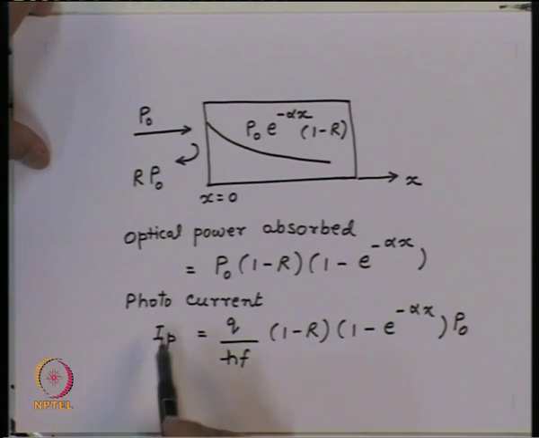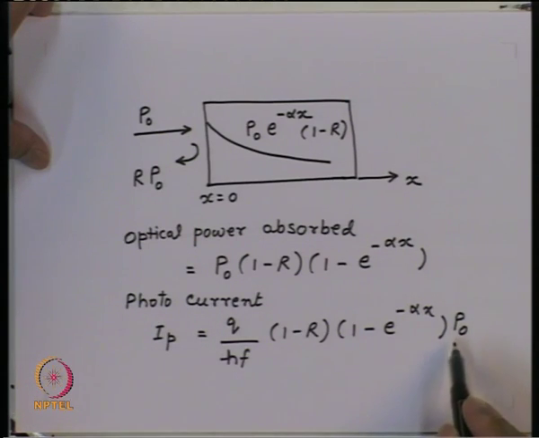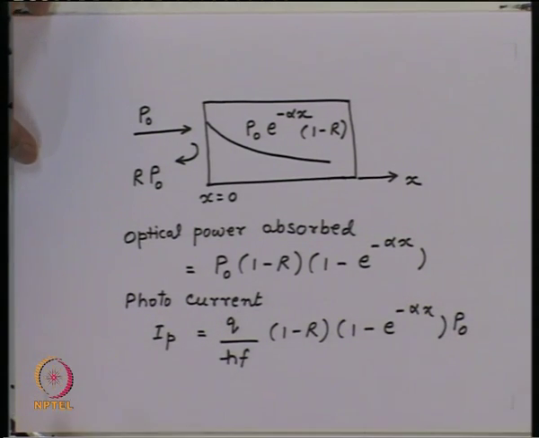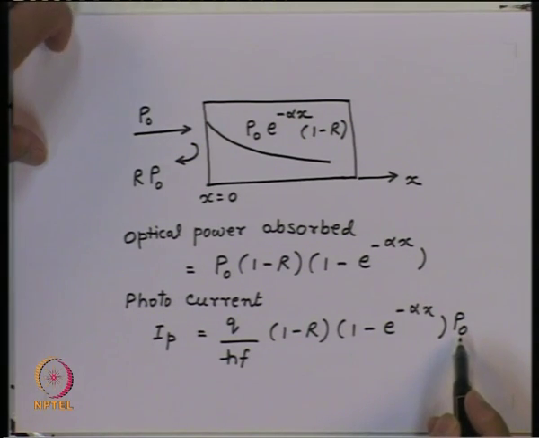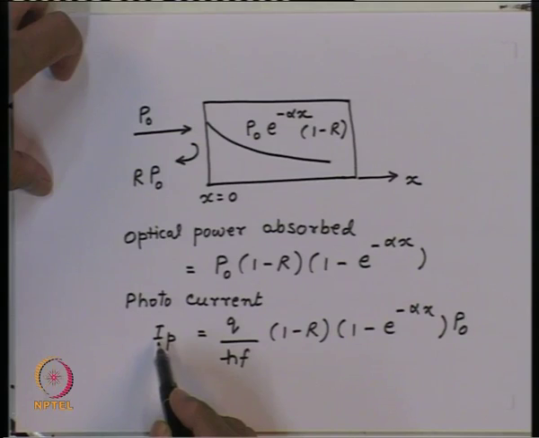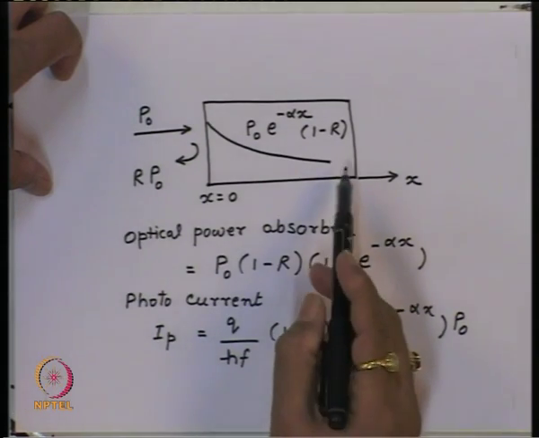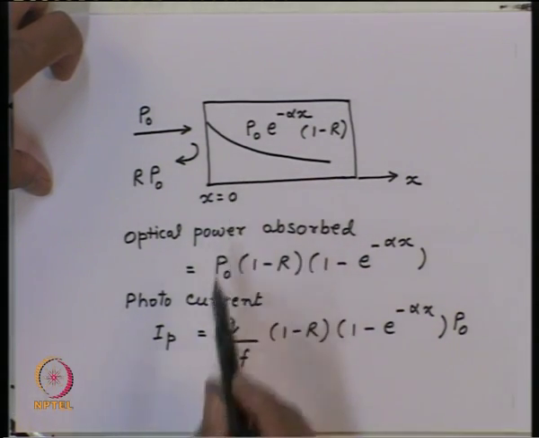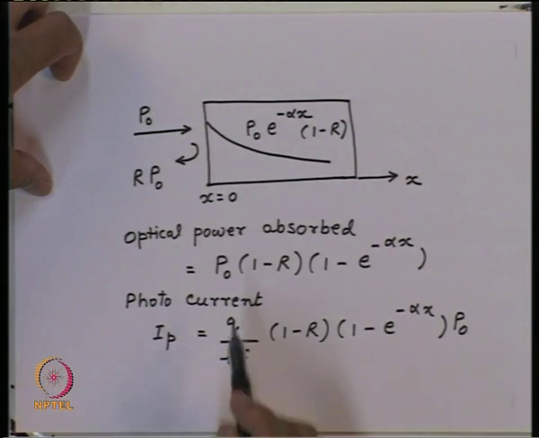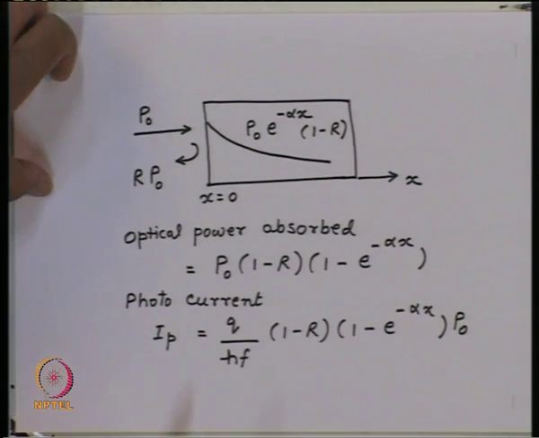So, we essentially have a photocurrent which is proportional to the optical intensity. So, we have a linear relationship between the incident optical power, which is P naught, and the photocurrent, which will be induced because of the flow of the carriers generated by the photoabsorption process.